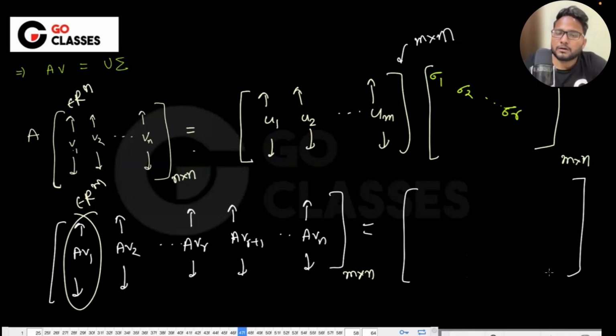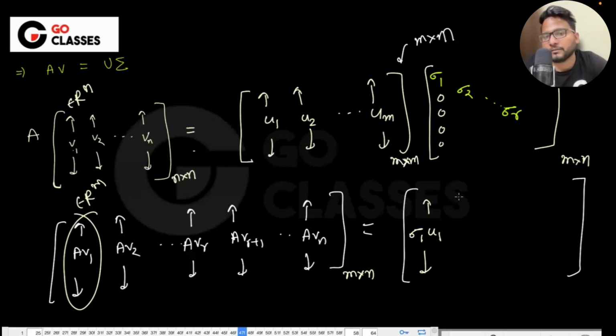Now let's see how we can write this. See how many zeros there are. All the zeros are here, right? How to multiply a matrix with a vector, you very well know, right? So it will be sigma 1 U1, isn't it? Is the first vector fine to everyone? This is an M cross M matrix. So this is sigma 1 U1, right?